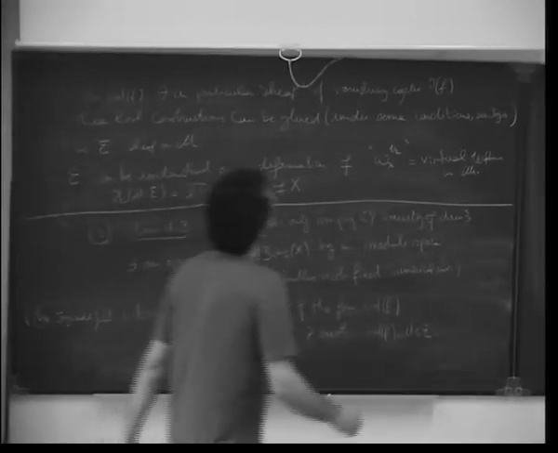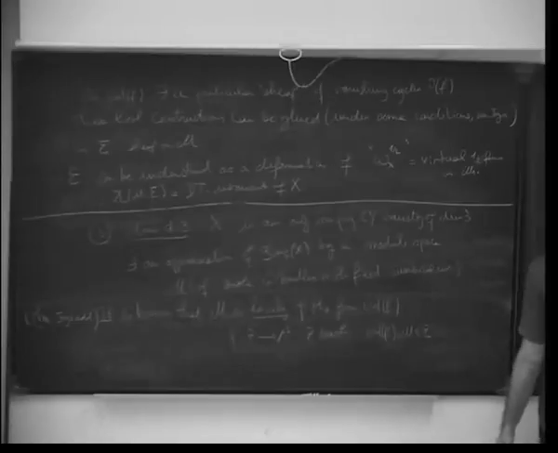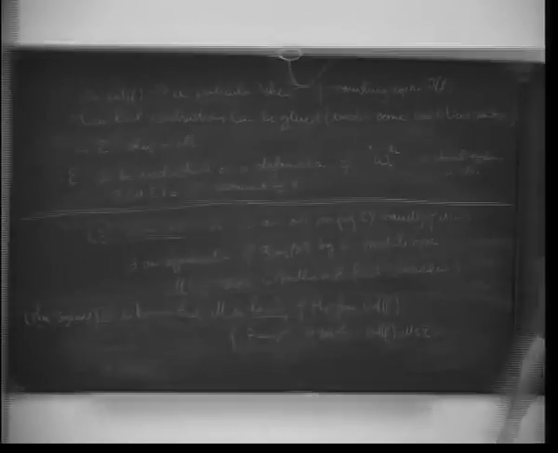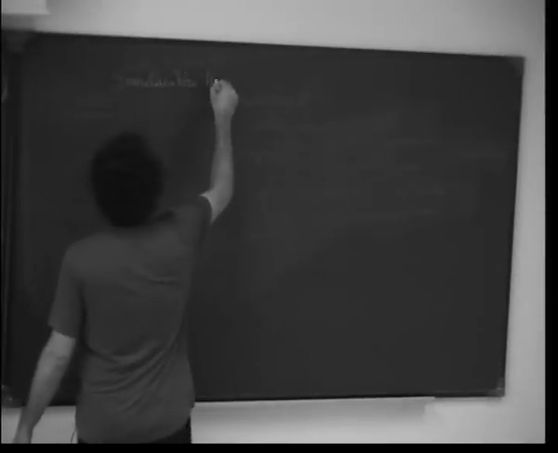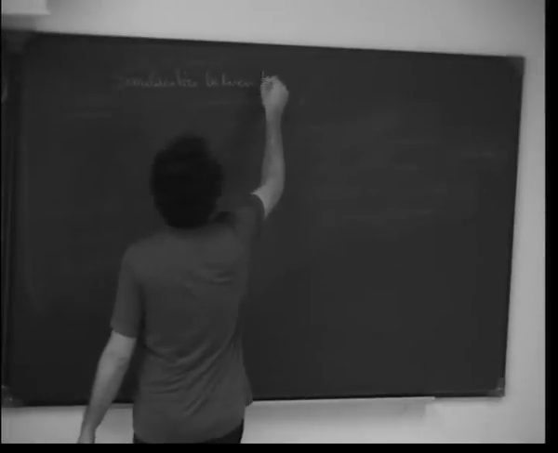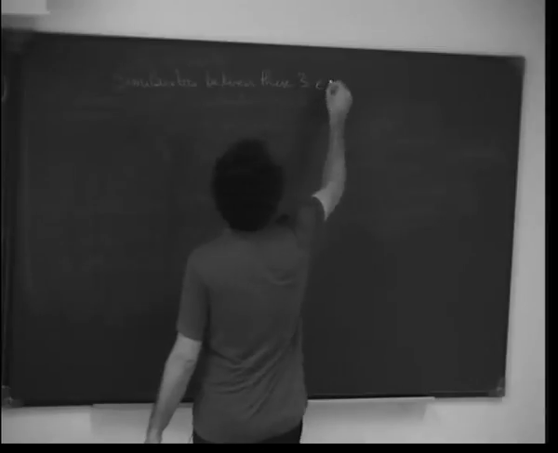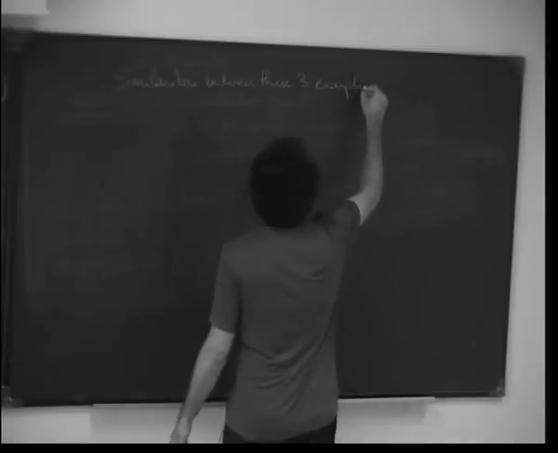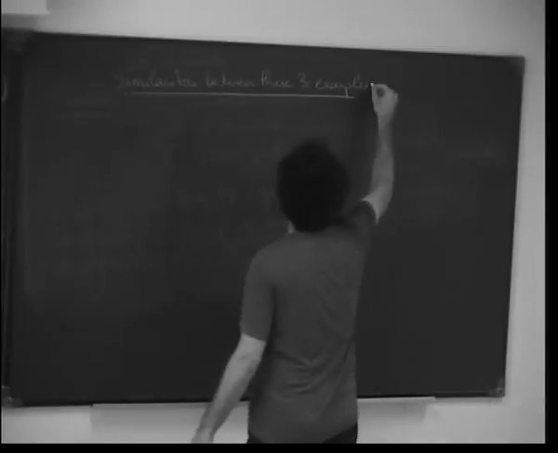Okay, so some comments, some similarities between these three examples. I want to try to explain that they are the same kind of phenomenon. I mean, they are just the same thing. So in all of these examples, there are underlying moduli spaces.